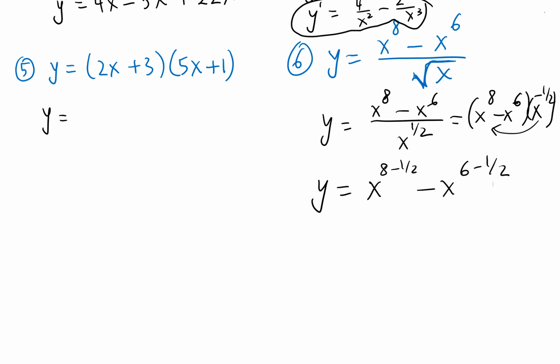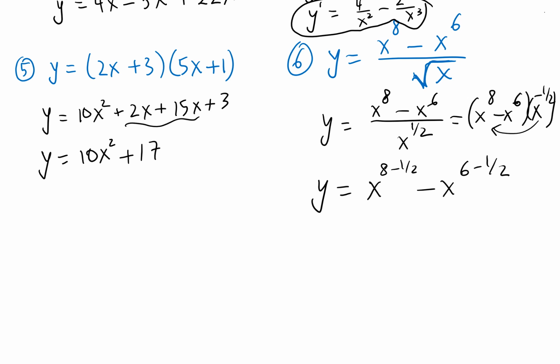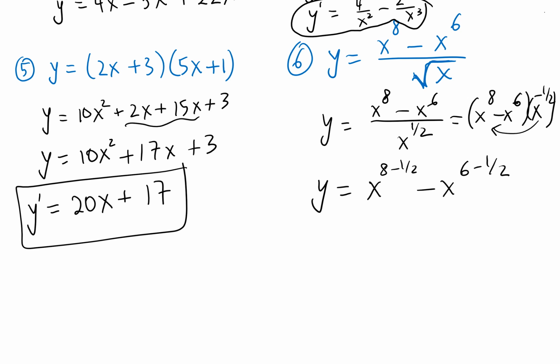Hopefully everyone tried them. So here when you multiply this, you get 10x squared plus 2x plus 15x plus 3. We may combine like terms first, the middle ones, before we find the derivative. Then it's ready to be differentiated as 20x plus 17 plus 0. So that would be the answer to number 5.